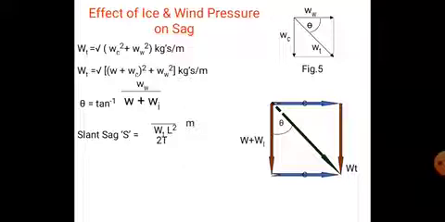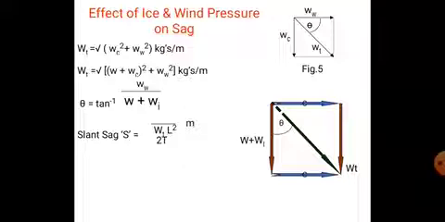For unequal levels, S is Wt x1 square by 2T, W x2 square by 2T. X1 is equal to L by 2 plus Th by Wl, and X2 is equal to L by 2 minus Th by Wl. For the effect of ice and wind, S is equal to Wt L square by 2T, where Wt is the square root of the weight of the conductor plus weight of the ice whole square plus the weight of the wind whole square.